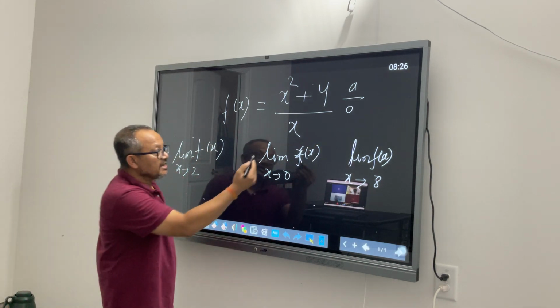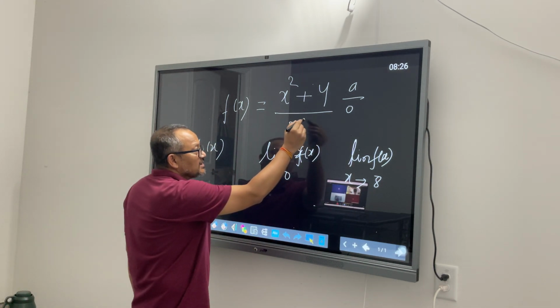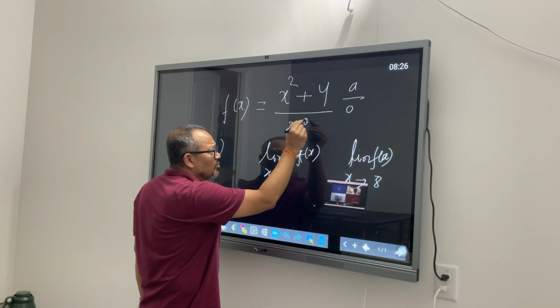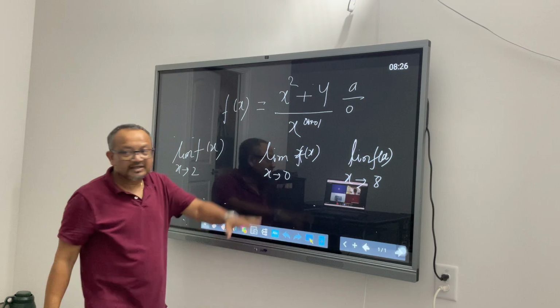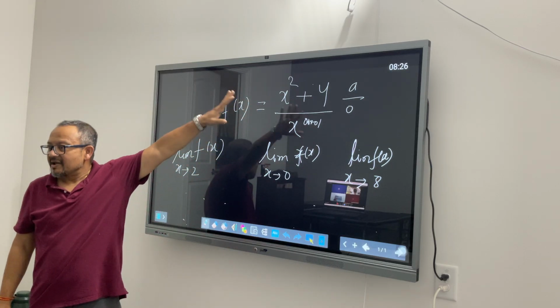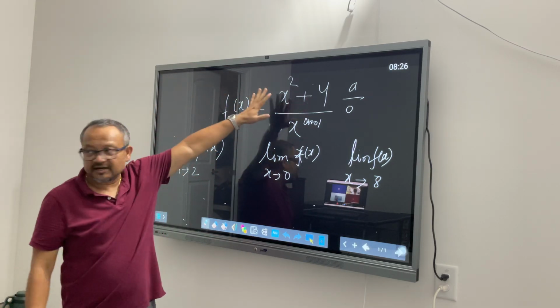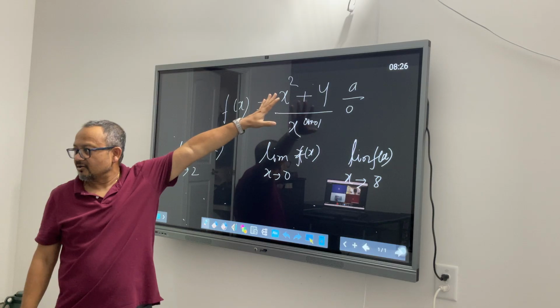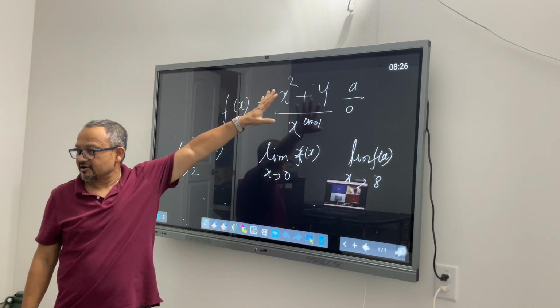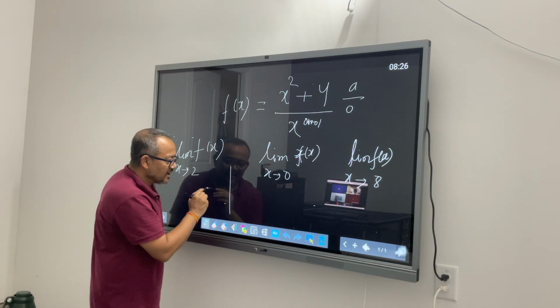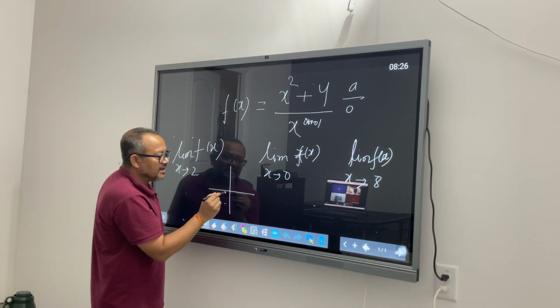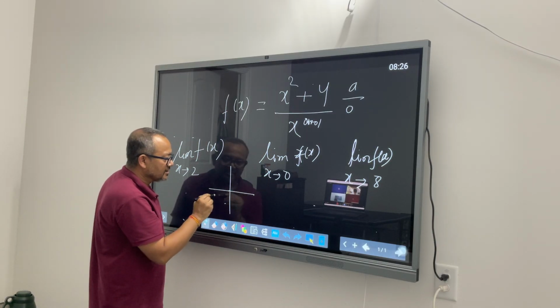But when x is any value, even 0.1, 0.001, 0.0001, then I still have a value, be it positive, be it negative. I have a value here. That means, to me, it looks like it has a problem only here.